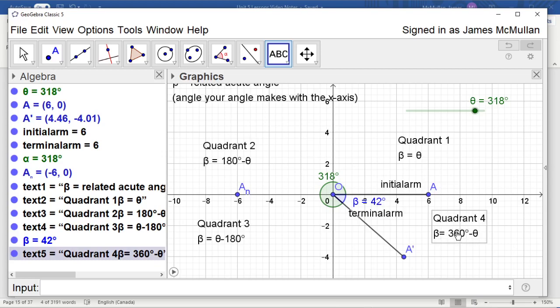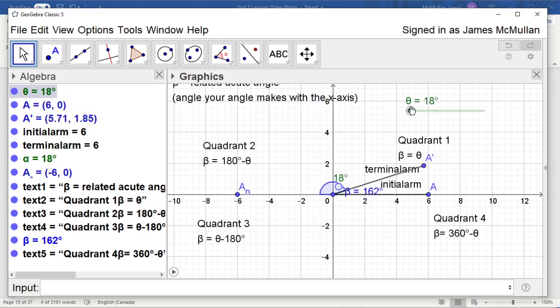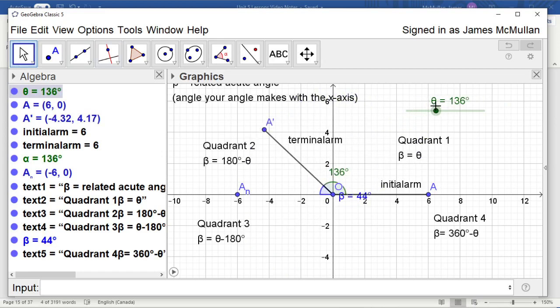So that's how we're going to describe angles at any point in the graph. In quadrant 1, very easy. Beta is theta. It's pretty easy because the angle's less than 90 in the first place. In quadrant 2, beta is whatever you would need to get to 180, so you do 180 minus how far you've come.